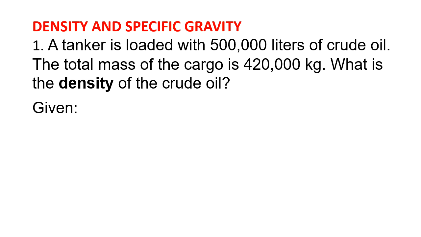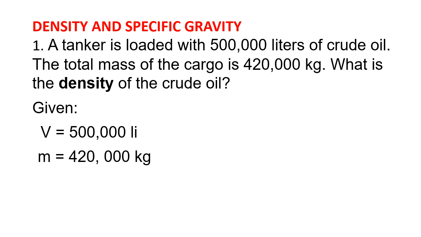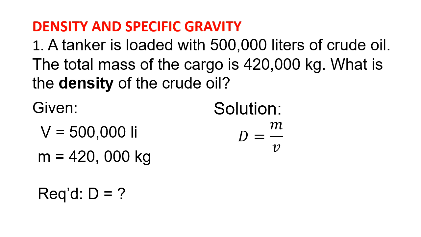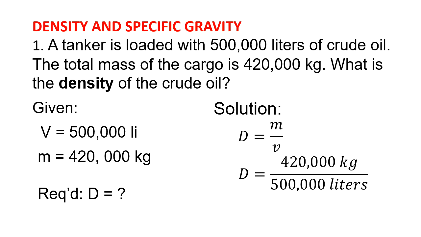Now, from the problem, we have the following given information. We know that the volume is 500,000 liters of crude oil and its mass is 420,000 kilograms. Now we are asked to find the density of the crude oil. And from our discussion earlier, we know that density equals mass over volume. Now let us substitute our given into our formula.